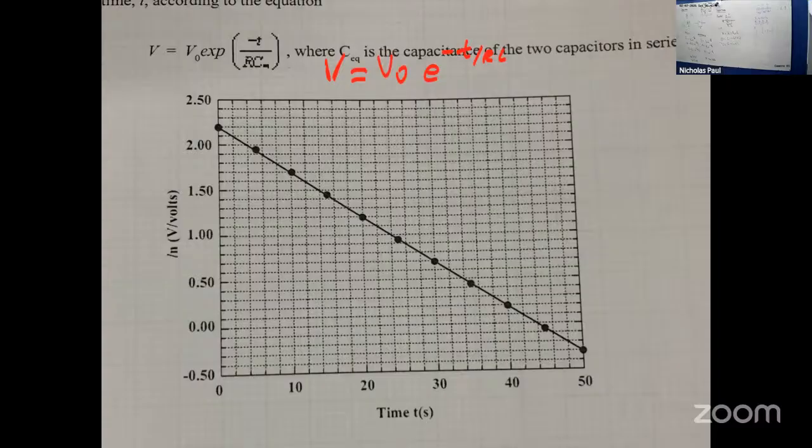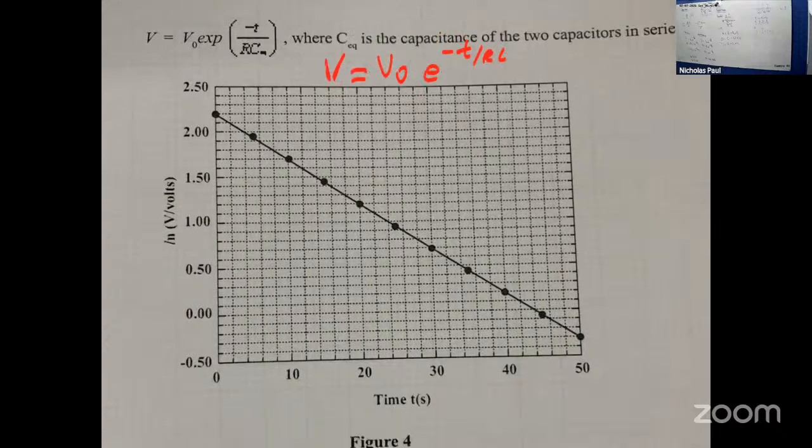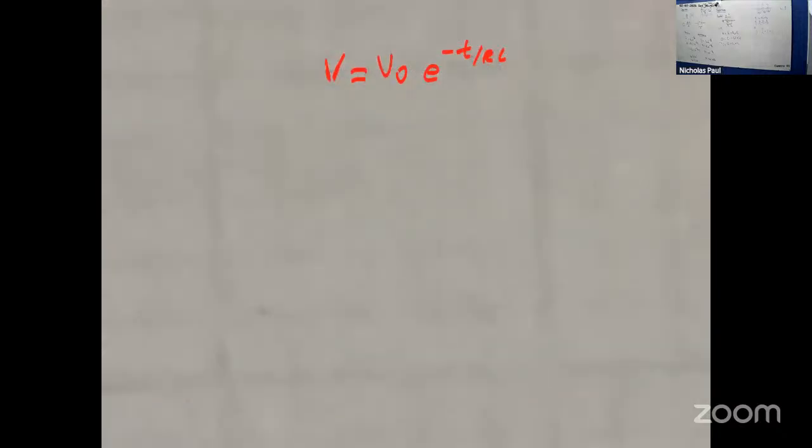All right, so watch here. If I take ln on both sides, let's zoom in here to do it. You'll end up with ln v is equal to ln v naught e to the minus t on RC. This is multiplied. So in ln, whenever you multiply, what do you do?